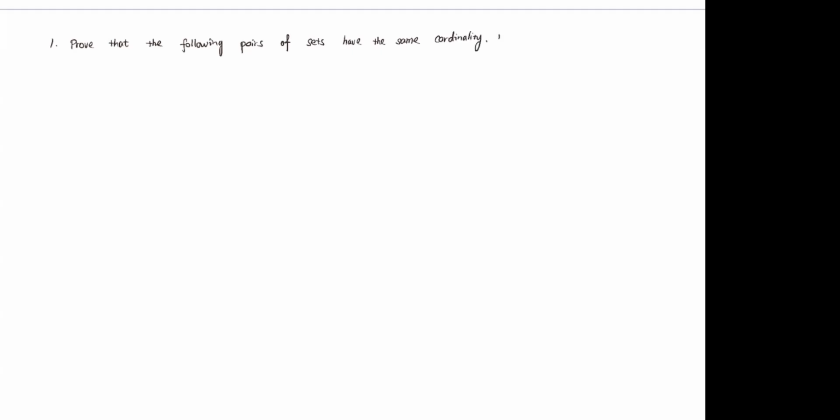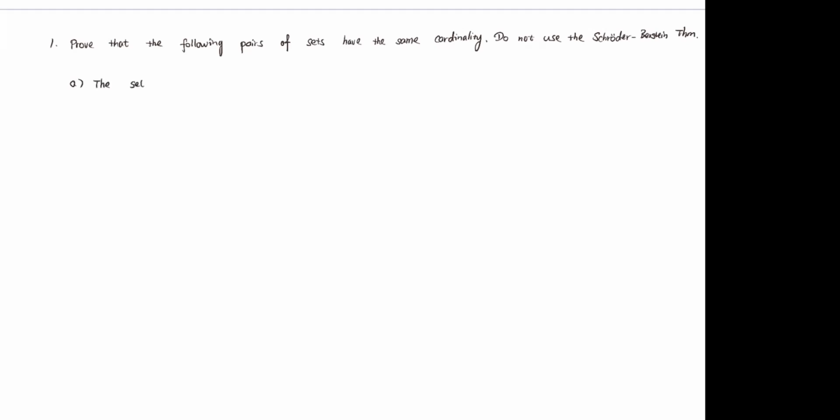And they ask you, do not use the Schroeder-Bernstein theorem. So you cannot use the theorem. That will make your life much easier if you can use it, but you cannot use it. So basically you need to come up with a bijective function mapping from one to the other.